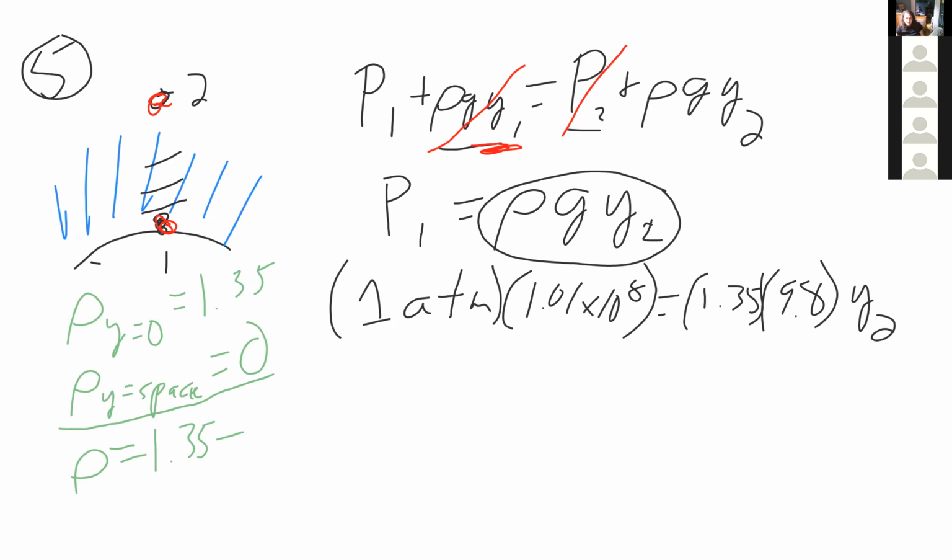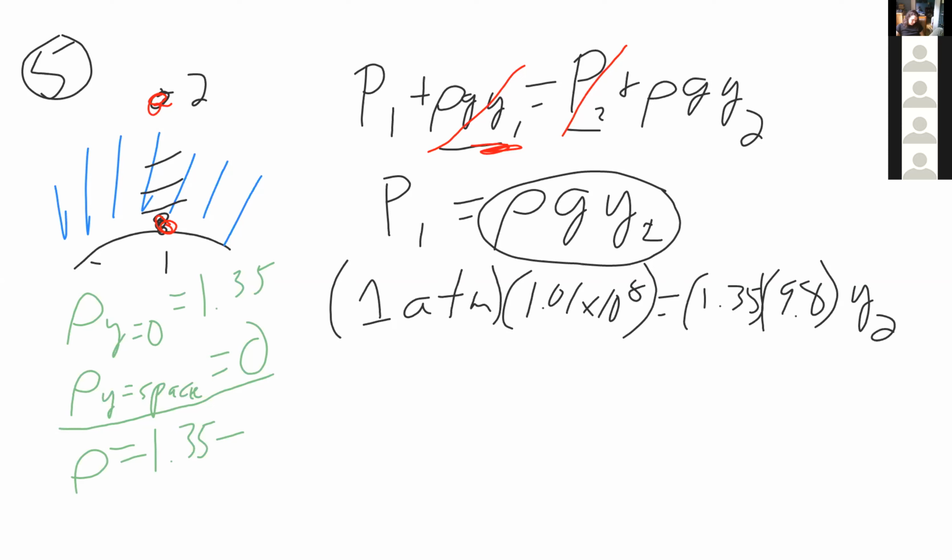I'm trying to decide if I want to correct it by h or not. I don't know how accessible that is. I think we'll do y over h, and then what will we have?